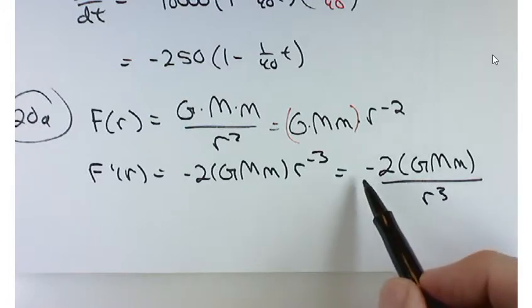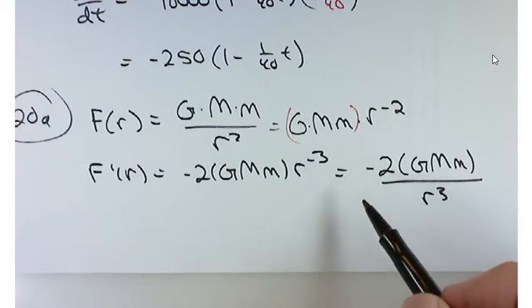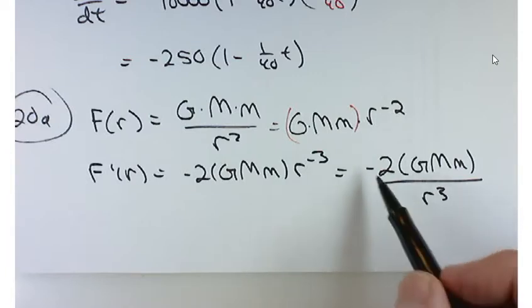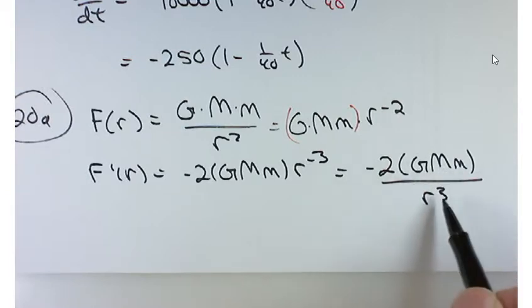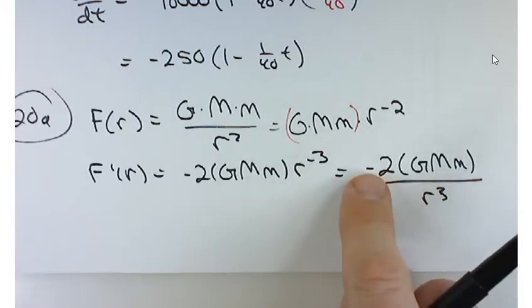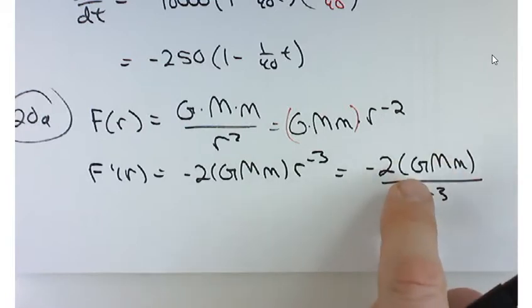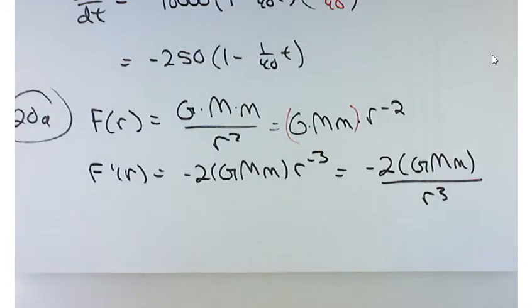That's what the negative is saying, that force is decreasing because we have a negative here. This is all positive. The radius is going to be positive. So we have a negative times something positive. Overall, this is going to be a negative quantity. So as you increase the radius, you're going to decrease the force. And that's the conclusion that they wanted you to get here.